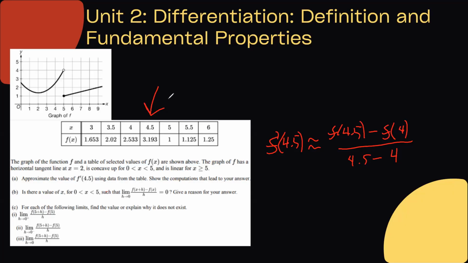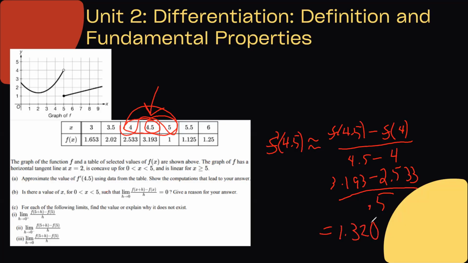Now, 3 ways are acceptable. You either use it and the point before it, or it and the point after it, or the 2 points around it. We would have 3.193 minus 2.533 over 0.5, and this simplifies to 1.320.